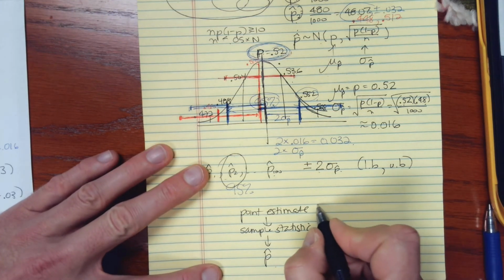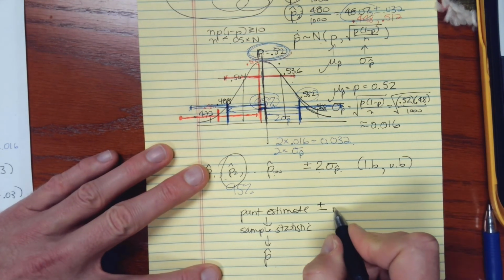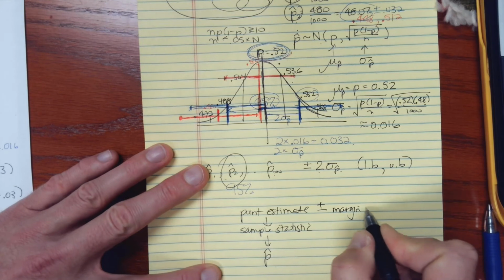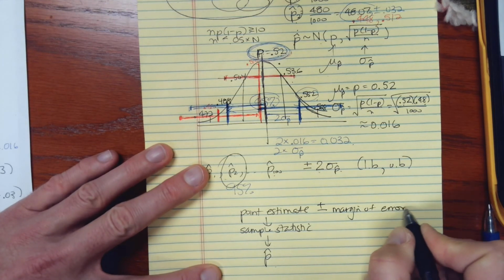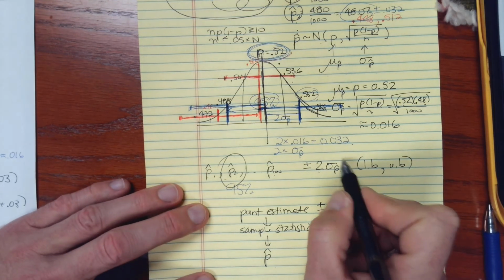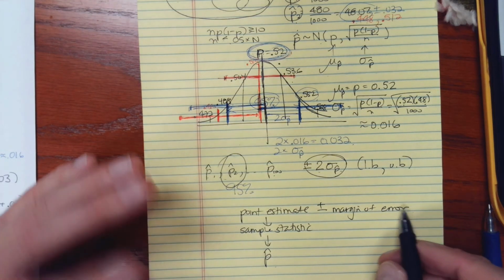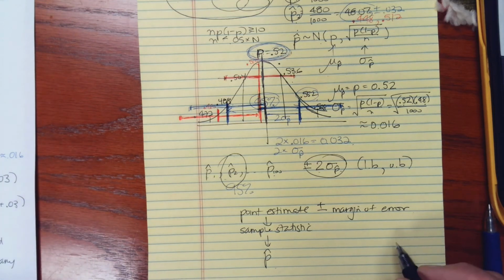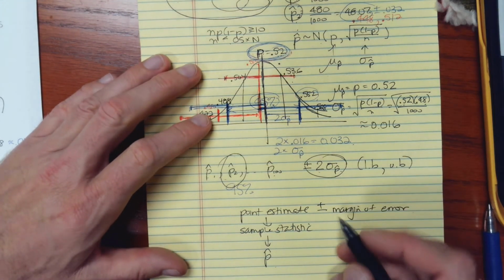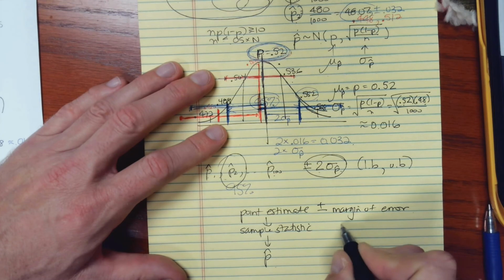Then we are going to give ourselves some wiggle room, which we call margin of error. In this case, my margin of error was 2 standard errors, and that can change, and we'll look at that in some future videos. The symbol we use for margin of error is E.